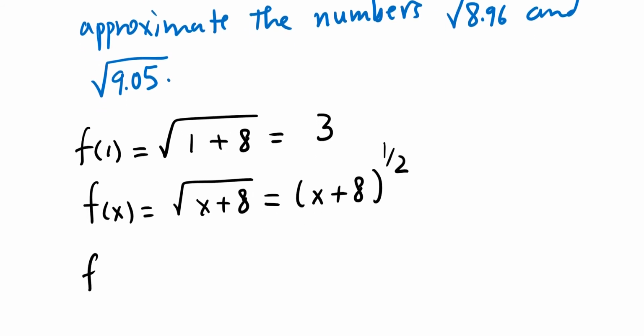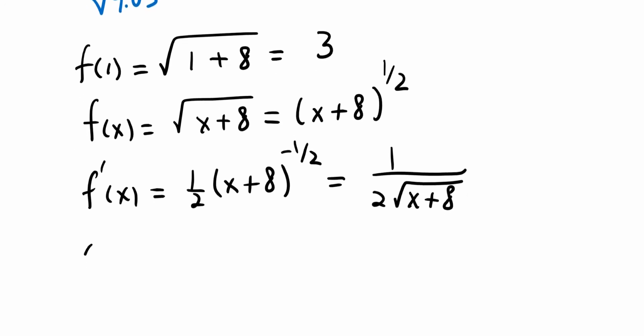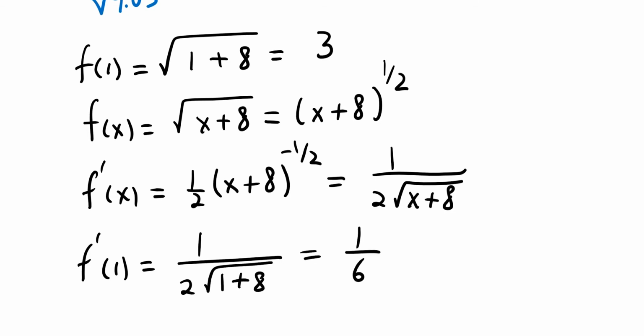Then f prime of x would be 1/2 times (x plus 8) to the negative 1/2 by the chain rule, times 1. And this can be rewritten by bringing that down like so. So then f prime at 1 is 1 over 2 square root of 1 plus 8. That's 1/6. That's f prime at a.